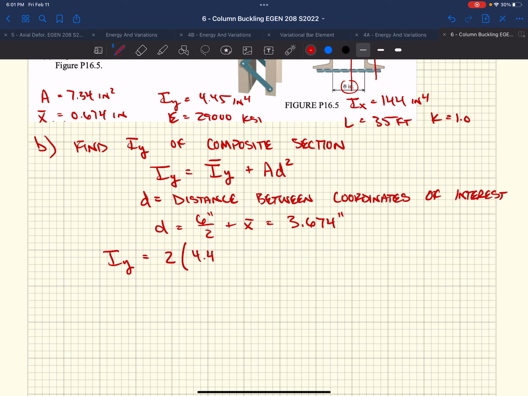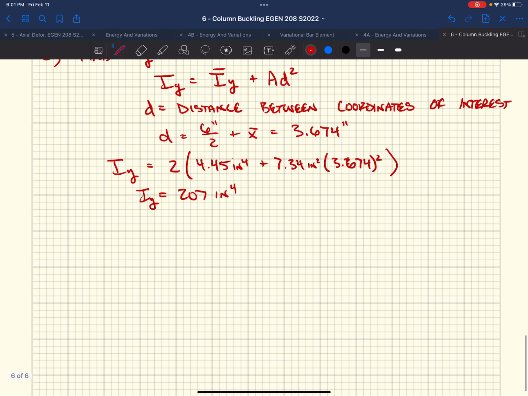So we have our moment of inertia about our centroidal axis of our individual channels, and we're going to add that to the area, 3.4 inches squared, times d, which is 3.674 squared. What do we get? We get 207 inches to the 4th. That is I sub y.